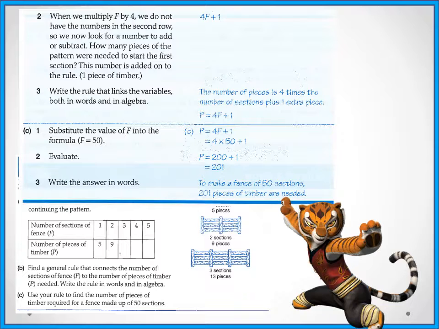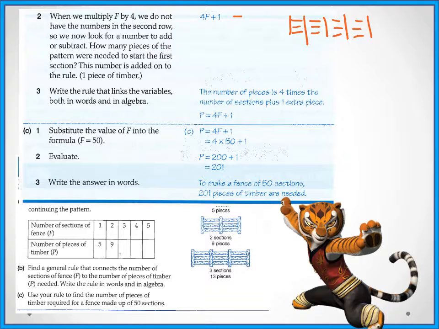Now, there's a slight difference there. The formula is actually 4f plus 1, because our first fence panel was 3 horizontals and an upright. To add the next panel on, we only added another 4 pieces, 4 more fence palings, or whatever we call them.